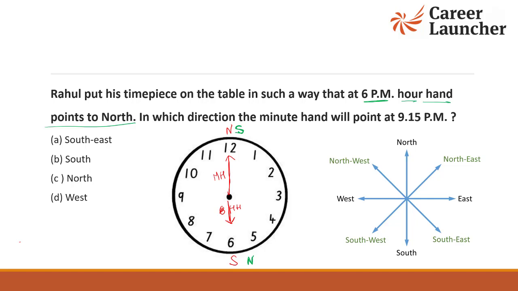So north and south have just swapped their positions. Similarly, this would be west and this would be east now. At 9:15 p.m., our minute hand should point at 3, where the hour hand will be slightly above 9. Now 3, which earlier happens to be east, is the new west. So our answer here would be west.